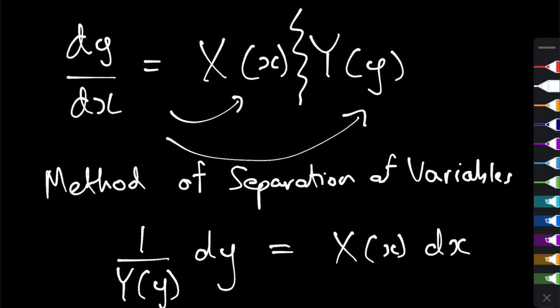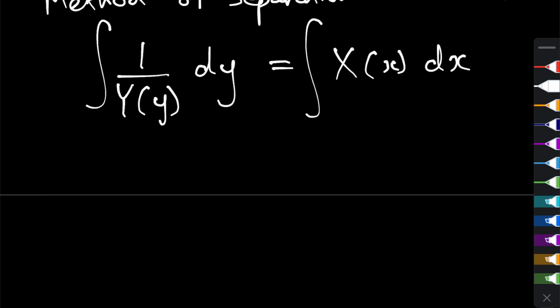Now, this might be a bit hand-wavy because we've treated dy over dx as a fraction, and it's not exactly correct mathematically, but it does work if we integrate both sides. So we can't just separate the dy dx relationships without the integration on both sides. By solving that, you should be able to get your solution to your differential equation.